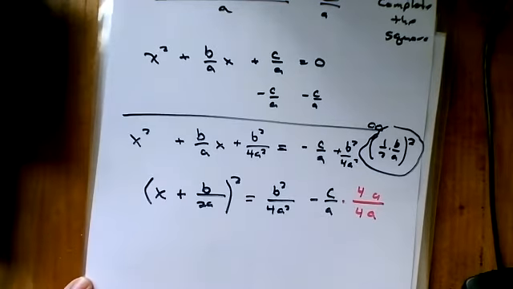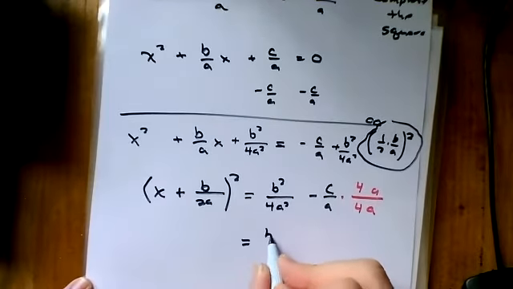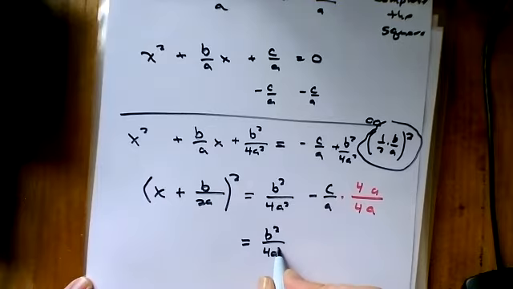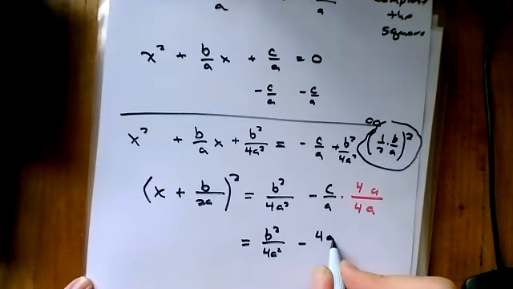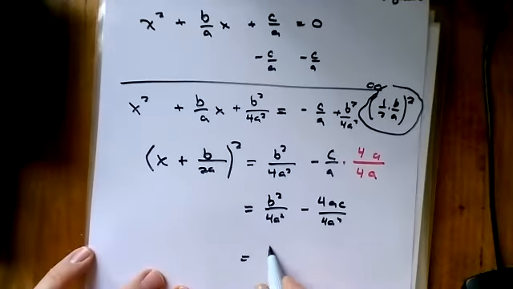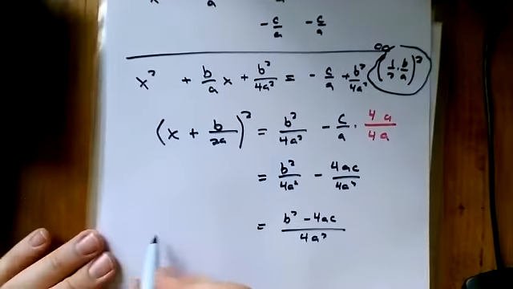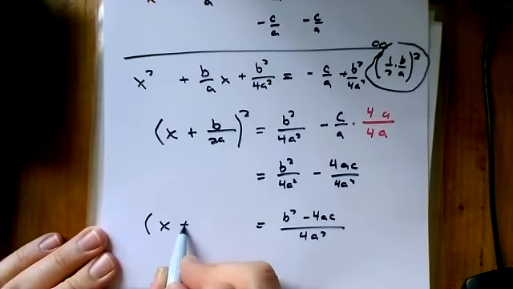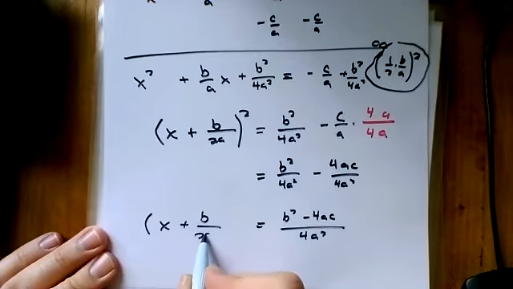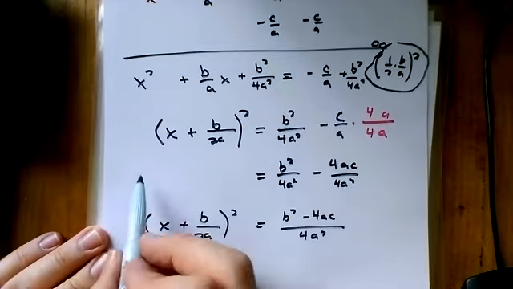So now I've got a common denominator. This is going to be b squared over 4a squared minus 4ac over 4a squared. So this is b squared minus 4ac over 4a squared. This is still equal to x plus b over 2a, squared.